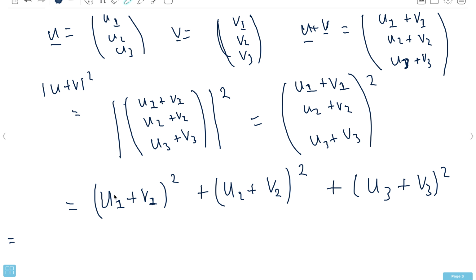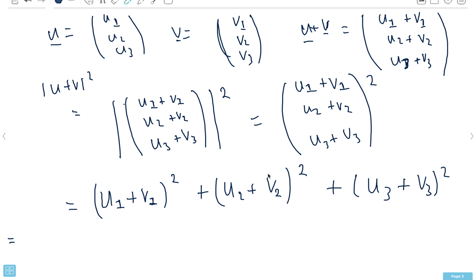Okay, so we have u1 squared. I'm going to try to go a quick way. In this bracket we're going to have u1 squared plus 2u1 v1 plus v1 squared.